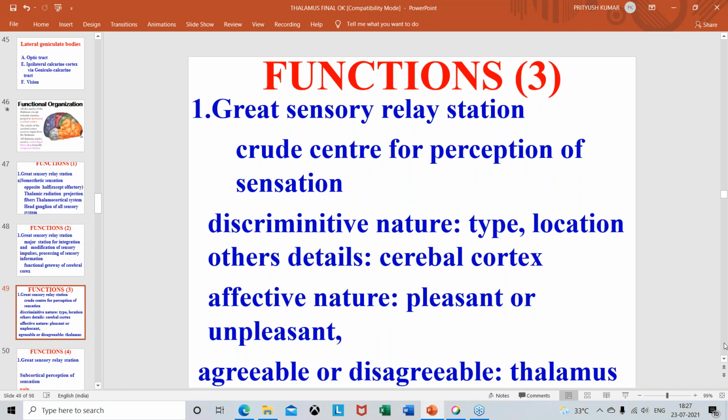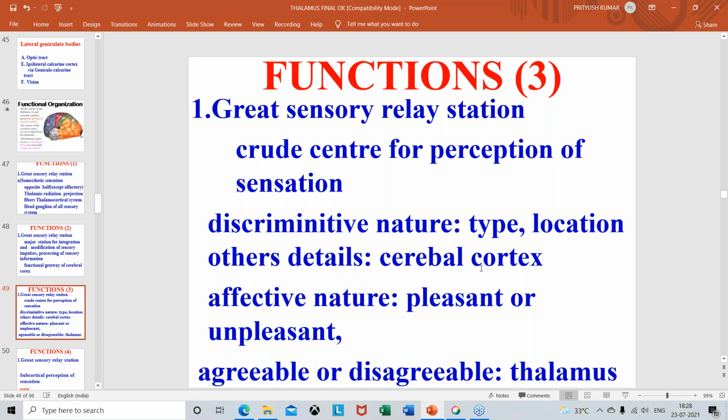It is also a great sensory relay and root center for perception of the sensation. The sensations are perceived either by the cerebral cortex or by the thalamus. The cerebral cortex is important for the discriminative nature of the sensation.